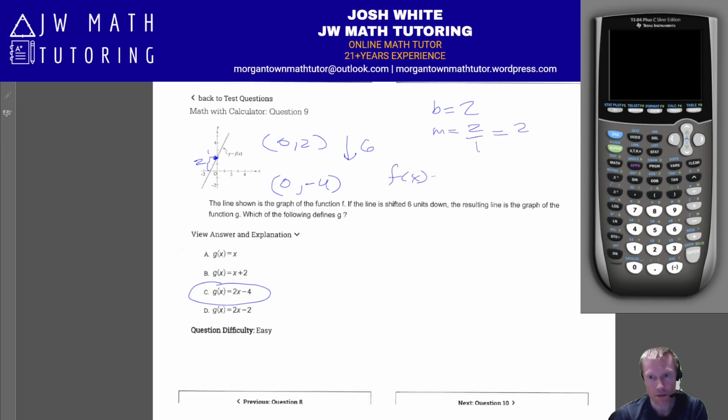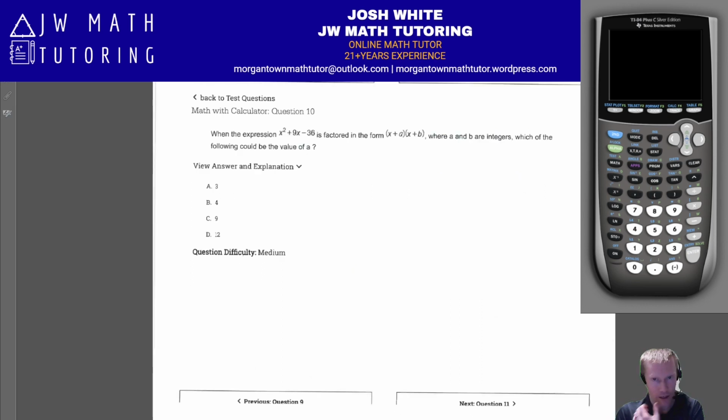So f of x would just be 2x plus 2. And now if it's shifted down 6 units, you're just going to subtract 6 from it at the end. Therefore, well, it's not f of x. This would actually be g of x. It's going to be 2x and then -4, combining the plus 2 minus 6. So that's an alternate way to do it, but it's really not any different than the first method.